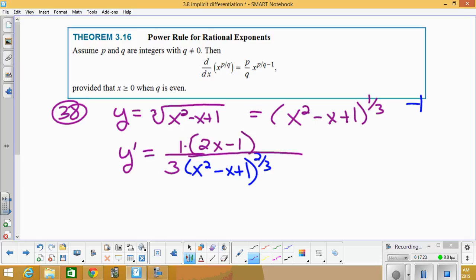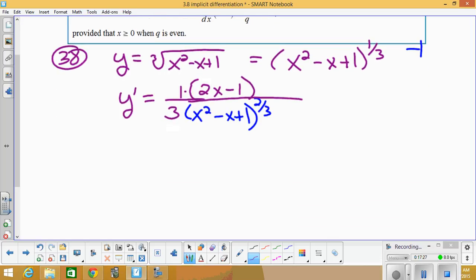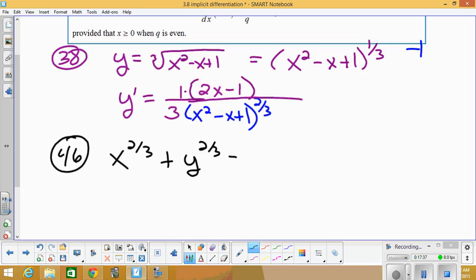All right, that's explicitly deriving, but what about implicitly deriving something with a rational exponent? So let's go ahead and do number 46. Given x to the 2/3 plus y to the 2/3 is equal to 2, and we'll evaluate it at the point (1, 1).